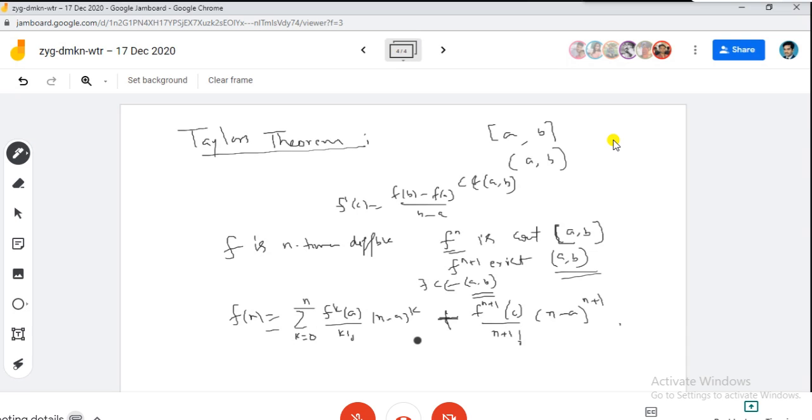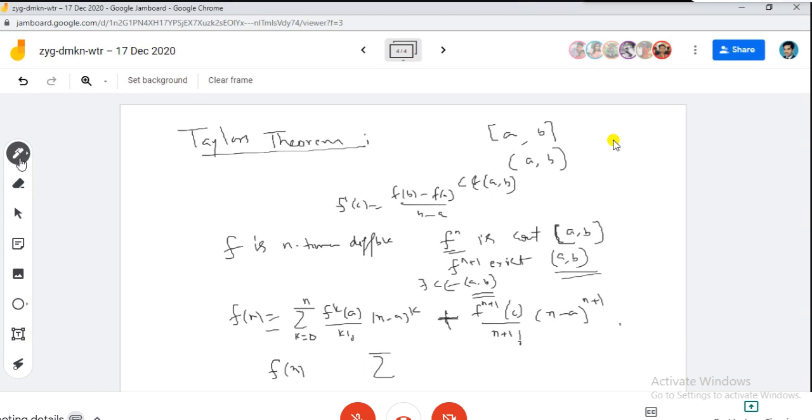In particular, if your f is C infinity, then you will get a power series of this form. I should not write here equal to, maybe I'll explain it.